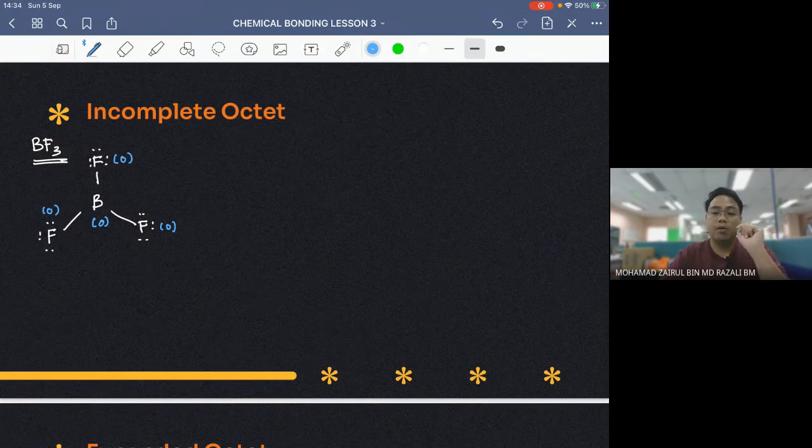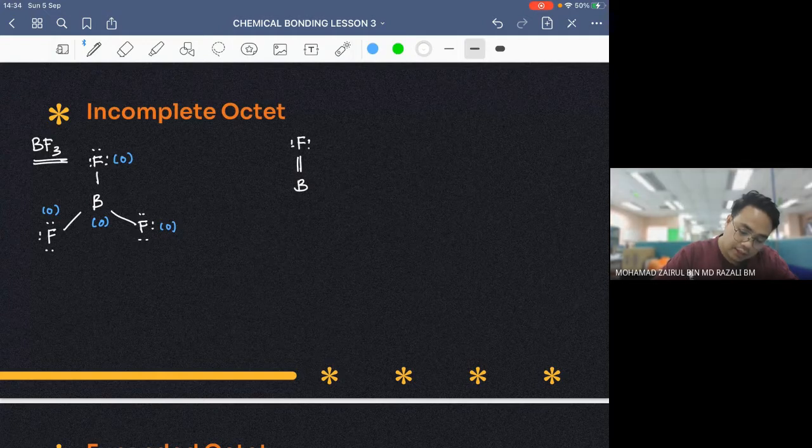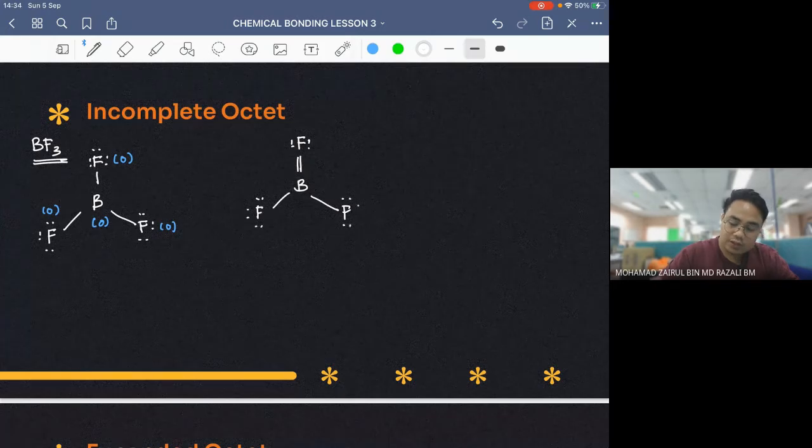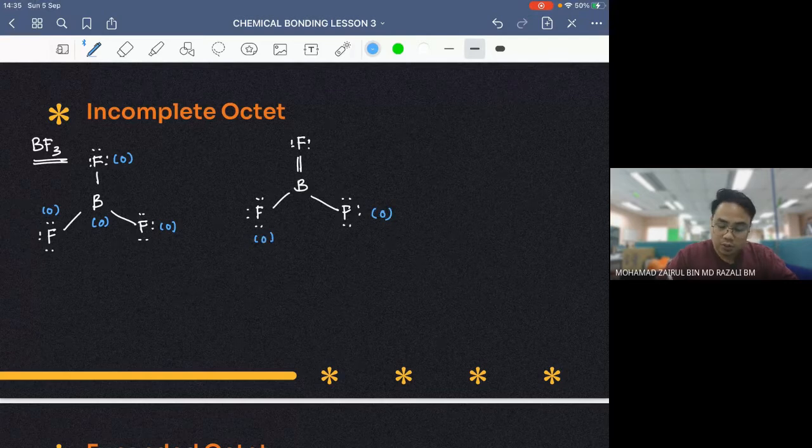If you want to octet the boron, we will form a double bond between one of the fluorines and boron. Let's say I form a double bond with this fluorine. Try calculating the formal charge for each atom. This fluorine you will get 0, this one you will get 0, this boron you will get minus 1, and this fluorine, 7 minus 4 plus 2 is 6, so you will get positive 1.